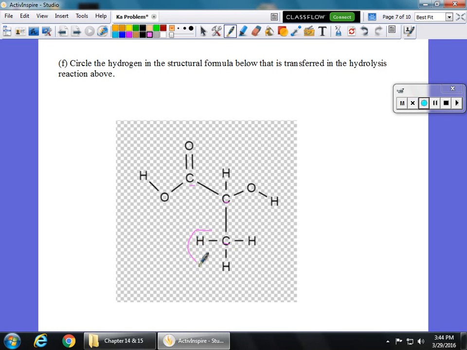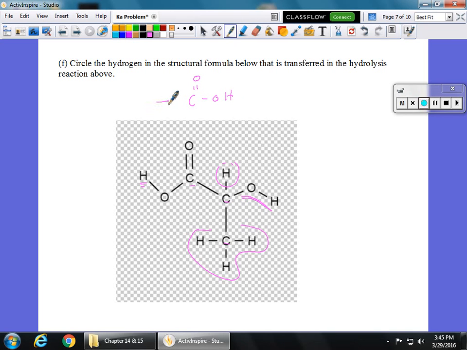Is it the one here, in this sort of methyl group that's attached? Is it here where we have an OH, that hydrogen? Is it this hydrogen here that's connected to a carbon? Or is it this hydrogen here that's connected to this oxygen? Well, identifying the one that is the acidic one is from this structure, COOH.